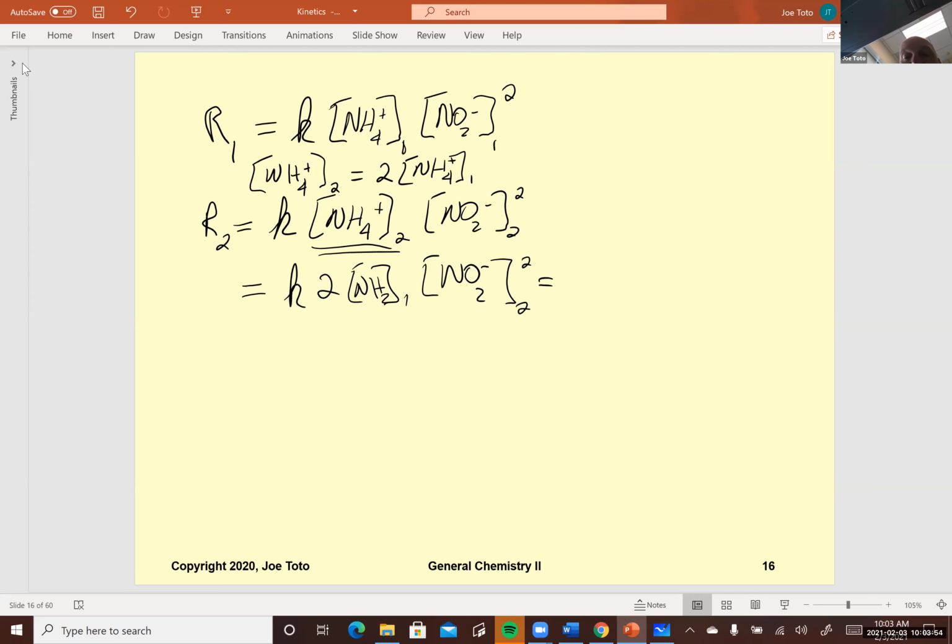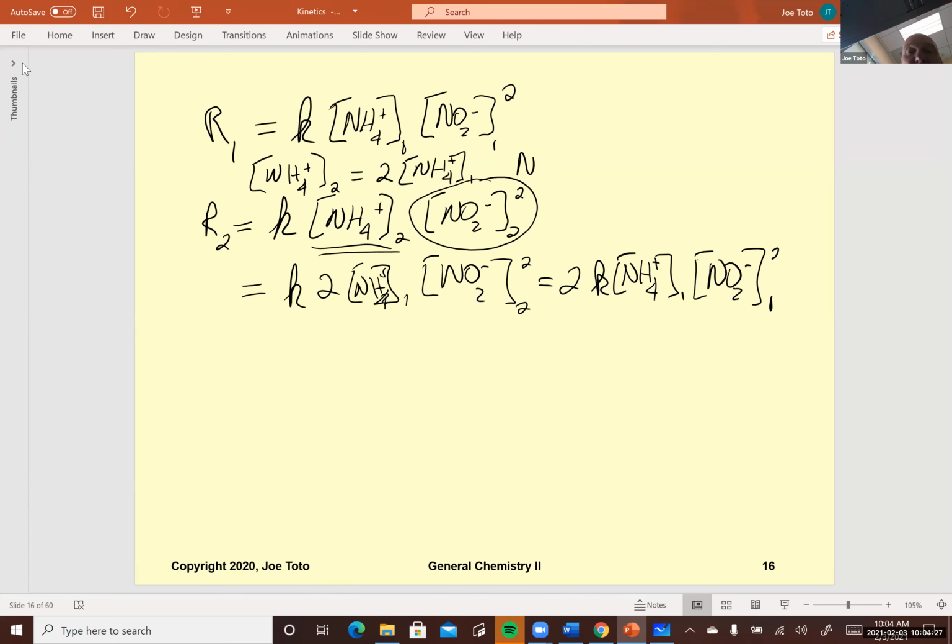So this equals 2 times K ammonium 1 times nitrite, which is the same, since I didn't change those ones. So I should probably put that up here too.